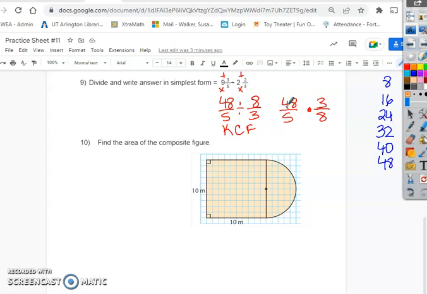Okay, now number 10, find the area of the composite figure. So when we do area of a composite figure, remember, we break up our shapes. So I have a square and a semicircle. So I'm going to look at my formula chart.